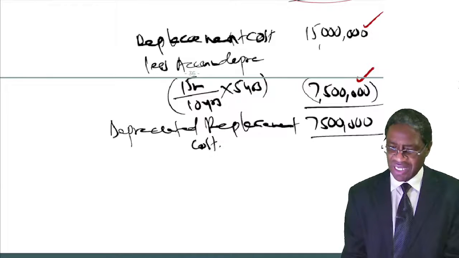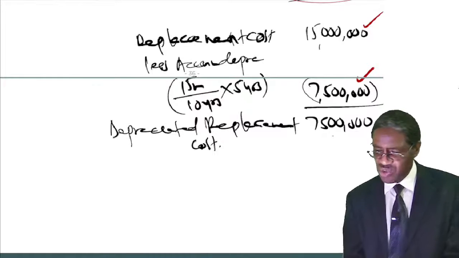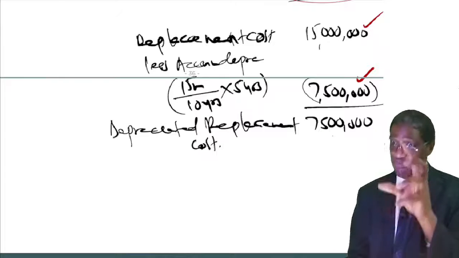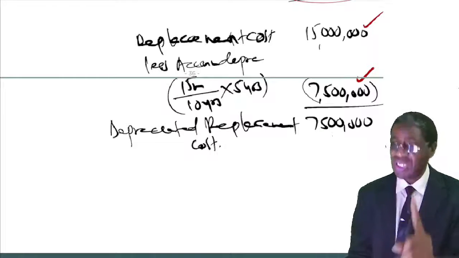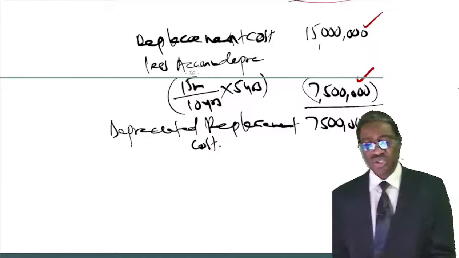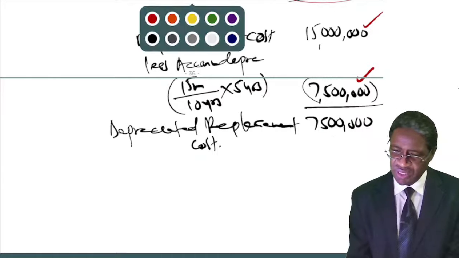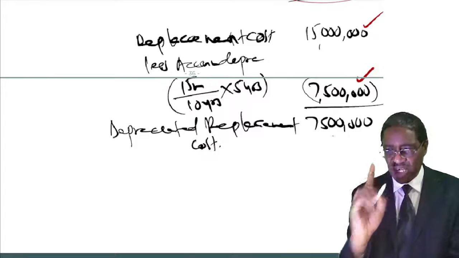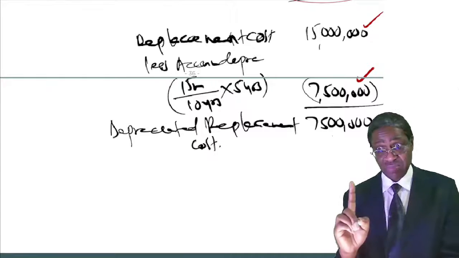Once you get that, now listen to this. Once you get the depreciated replacement cost, this time, don't stop there. You will have to ask yourself, we are using the restoration cost method.